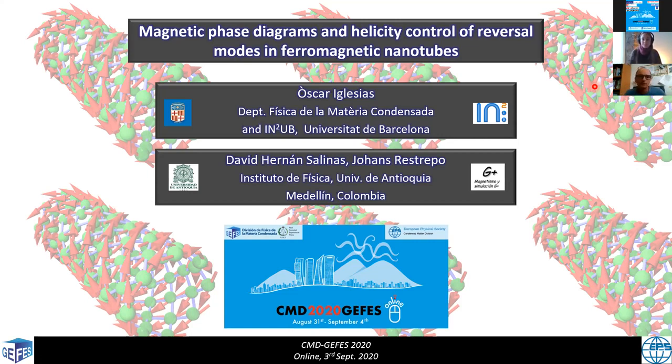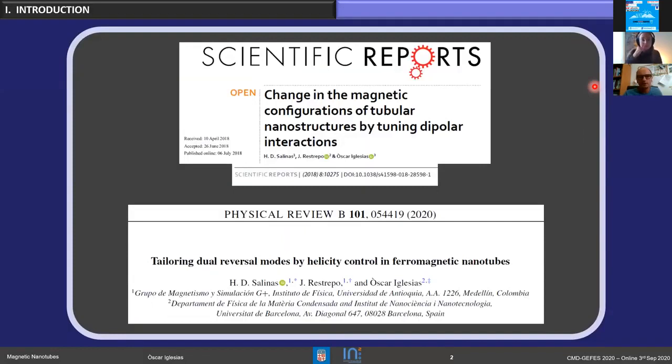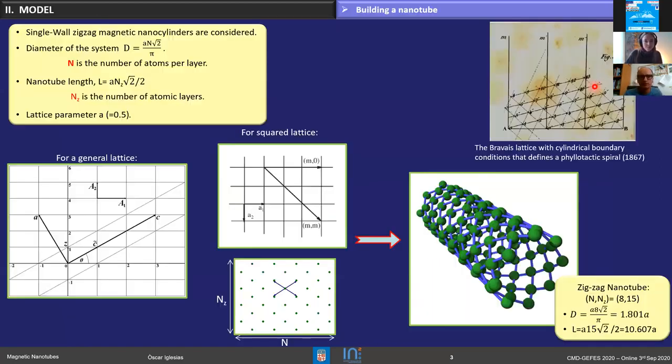I will show you some results regarding the different magnetic configurations that can be achieved in magnetic nanotubes when properly tuning the exchange and dipole interactions between the spins forming the tube, and also show you how this affects the reversal mode of these nanotubes. The results that I'm going to show you are a collaboration over the years with the group of Johan Restrepo and Hernan Salinas in Colombia, and I refer to these two recent articles for more details.